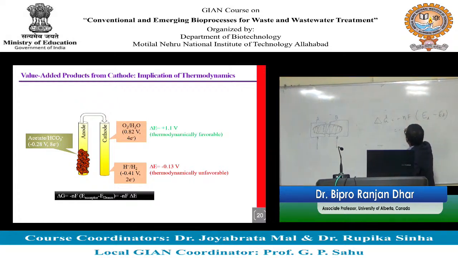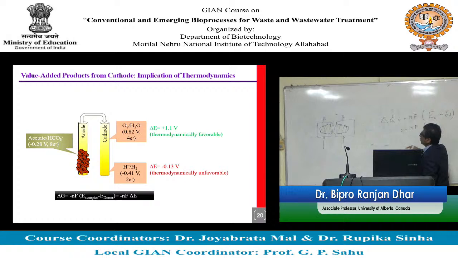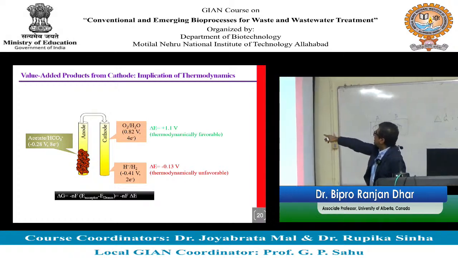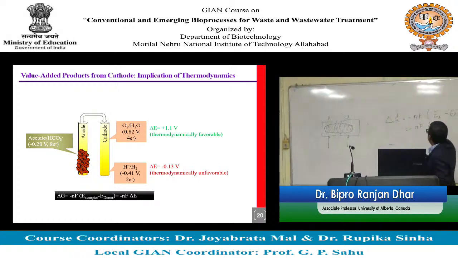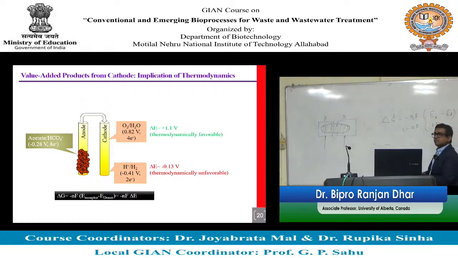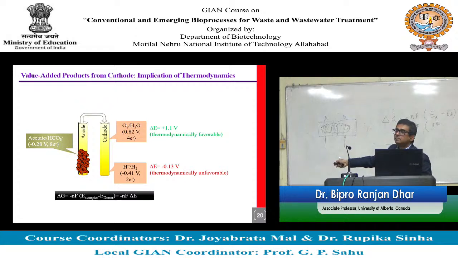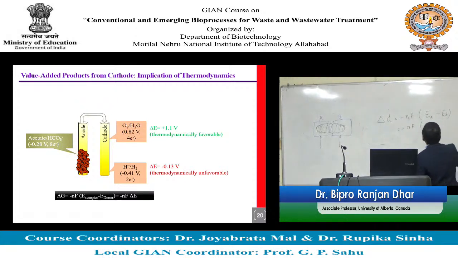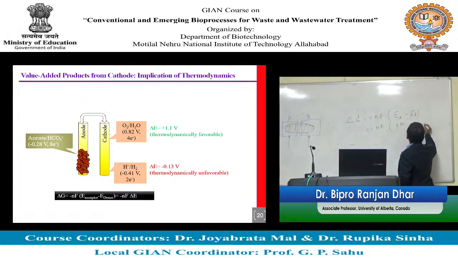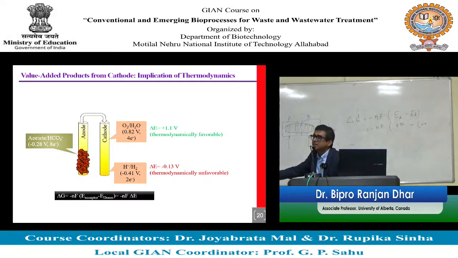So minus nF. Okay, let's talk about MFC. For MFC, what is the acceptor? 0.82, right? And what is the donor? Minus 0.28. Here, this is the acceptor.